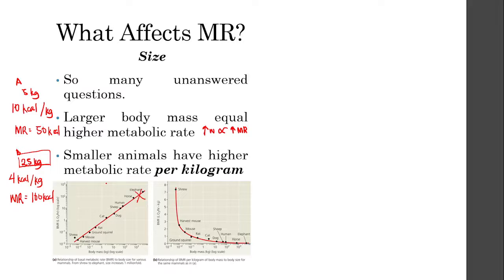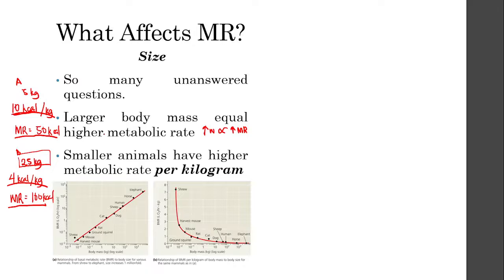But if we look closer and closer, at them individually, 1 kilogram at a time, you would notice that smaller animals have a higher metabolic rate per kilogram. That is the difference. So you can see here, this animal has a higher metabolic rate per kilogram compared to the bigger animal. But if we look at them overall in their total weight, the smaller animal still has a smaller metabolic rate than the bigger animal.